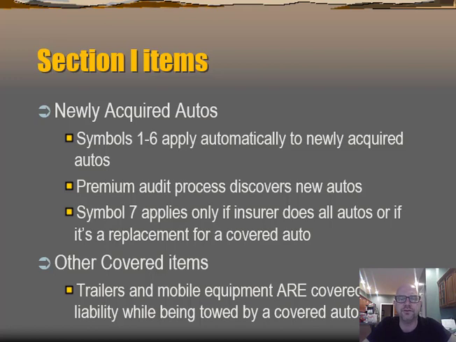When you talk about trailers and mobile equipment, if they're towed by a covered auto, they're covered for liability. Now, here's the thing. It's kind of hard to ascribe liability to a trailer, right? Where you say, I caused the accident, but it was actually the trailer that caused the accident. So you start to think, the trailers and mobile equipment, that's really nice of them to include that.